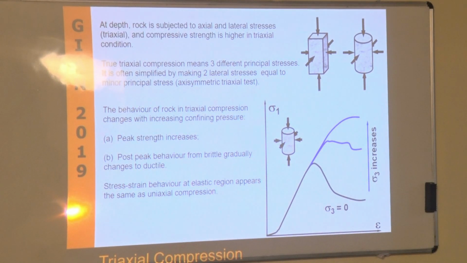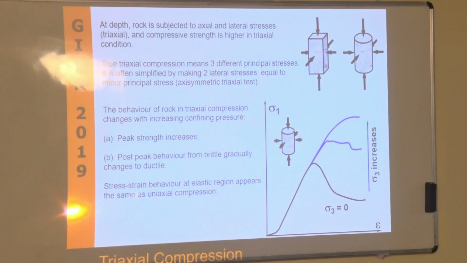So now, following what has been presented in the previous lecture, you need to test in the lab. At the end, you are going to produce some plots, and the plots are always mainly in the form of stress and strain.